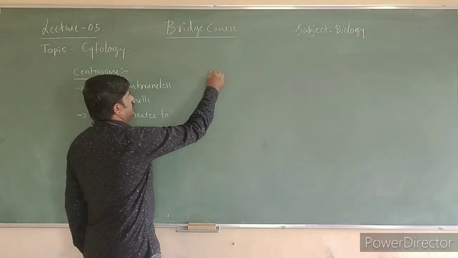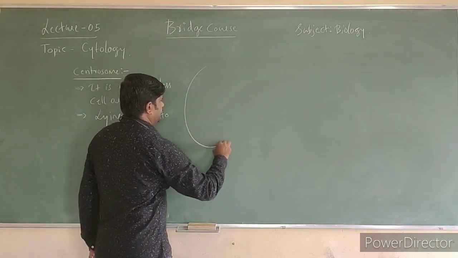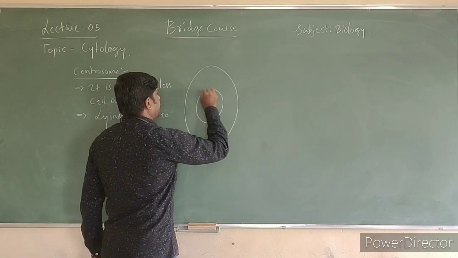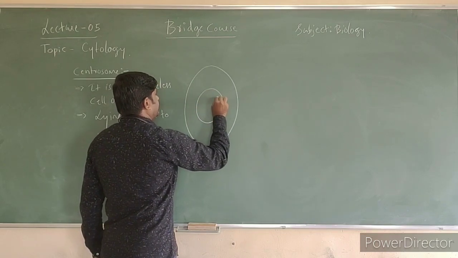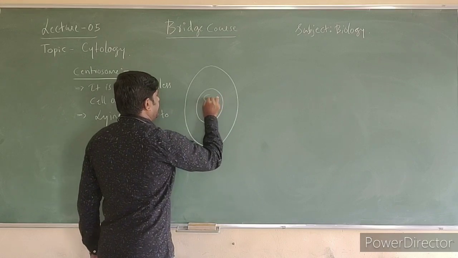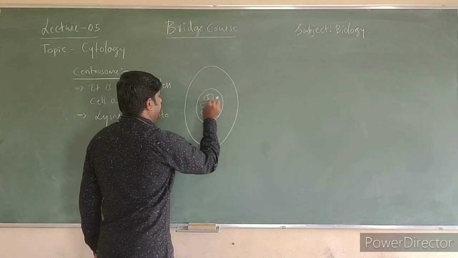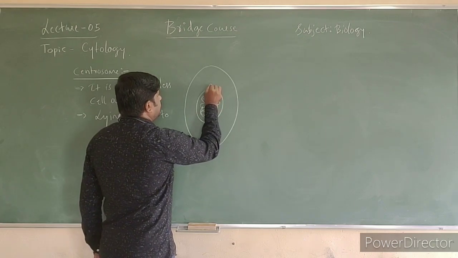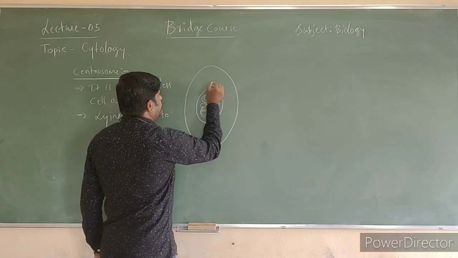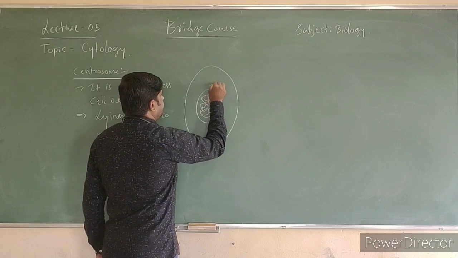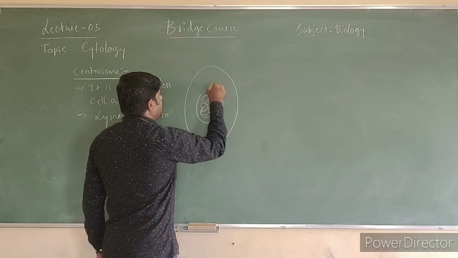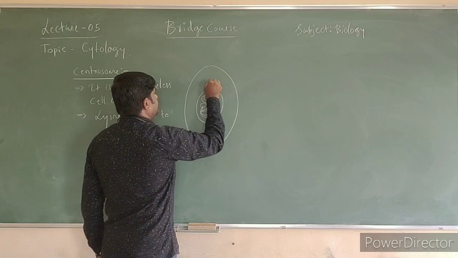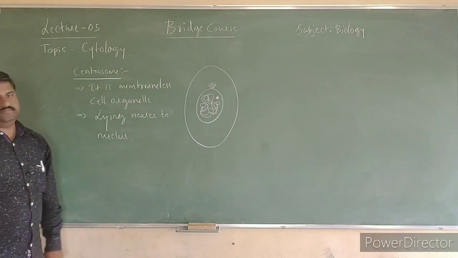Whenever you observe an animal cell, this is one animal cell, this is the nucleus. Inside the nucleus, nucleolus will be there, and the chromatin material will be there. And here, in this area, you will find two cylindrical structures together form this centrosome.